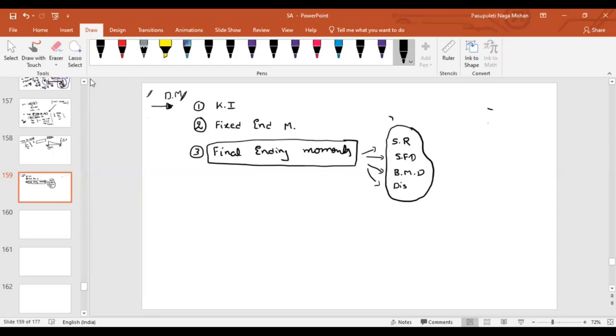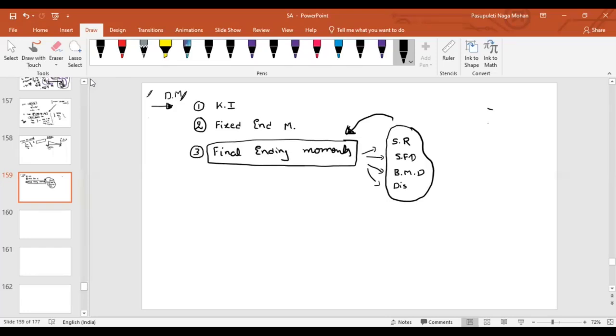All these four parameters will be found only after the final end moments. Whether you do slope deflection, moment distribution, or Kani's method, the first thing you obtain is the final end moments, and then we solve the remaining things.